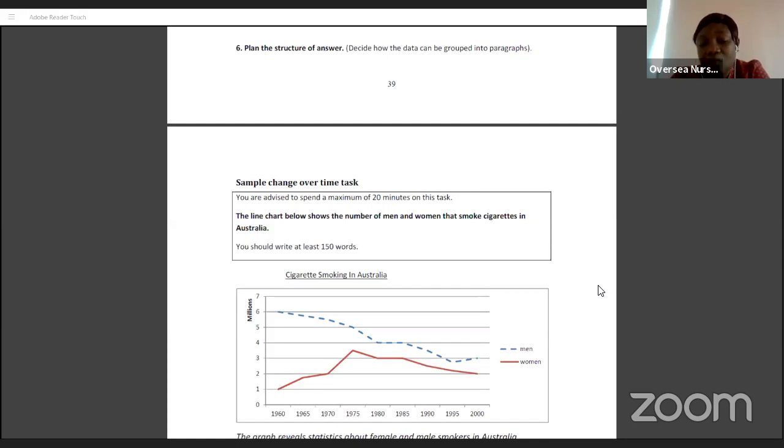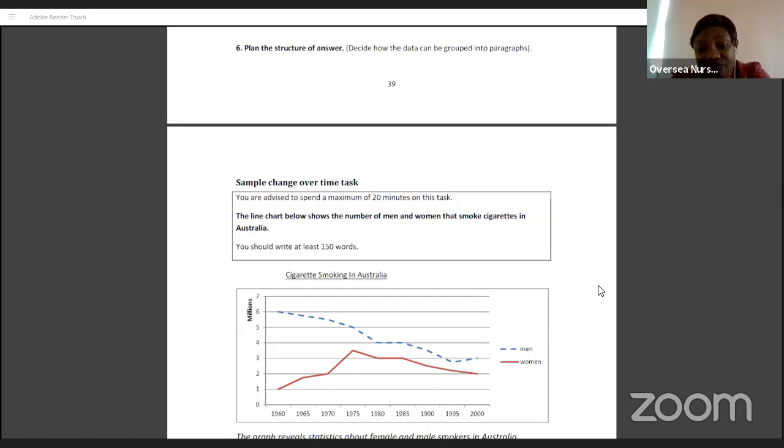Overall, from what I can see from the graph, I have discovered that the number of male smokers generally reduced over this period of time dramatically or significantly, while females have increased in the same period.